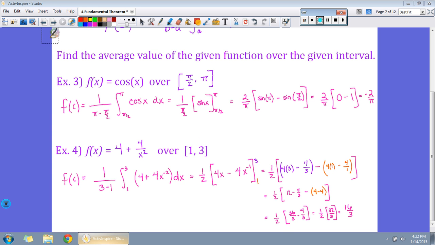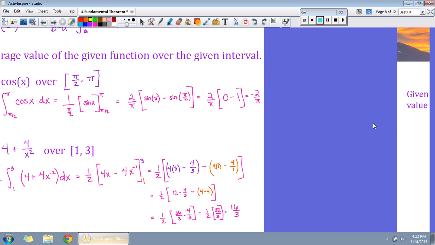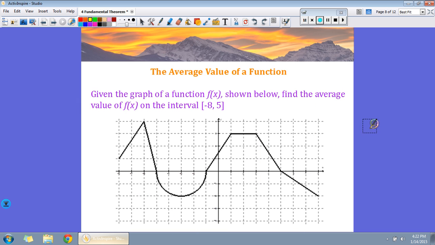Alright, now let's try a graphical approach. Okay, so we're given this function f of x, and we want to find the average value of x on the interval from negative 8 to 5.